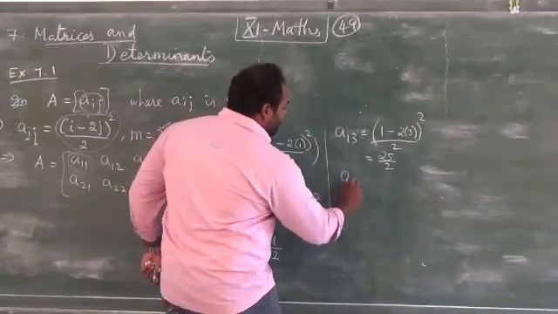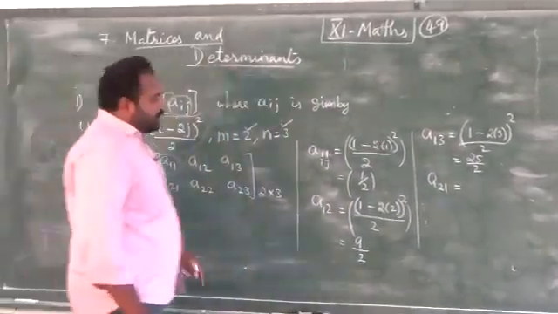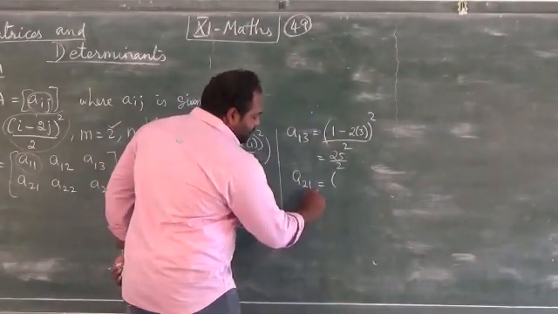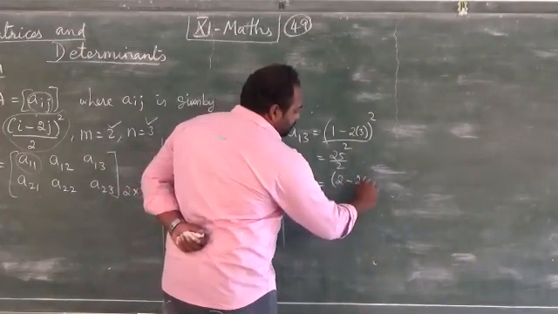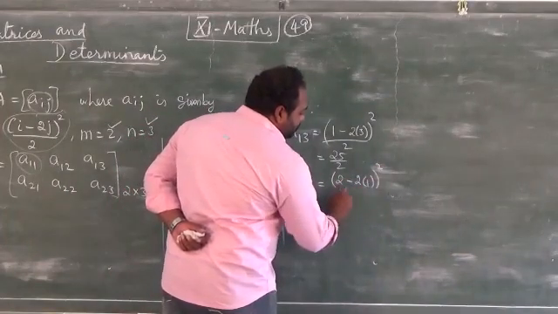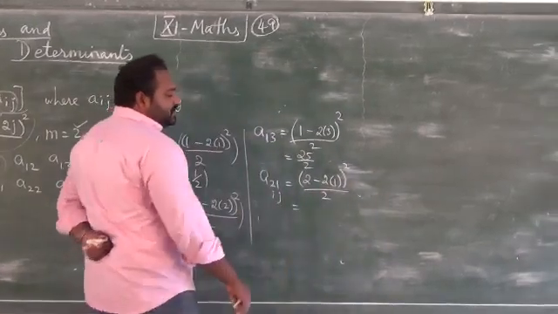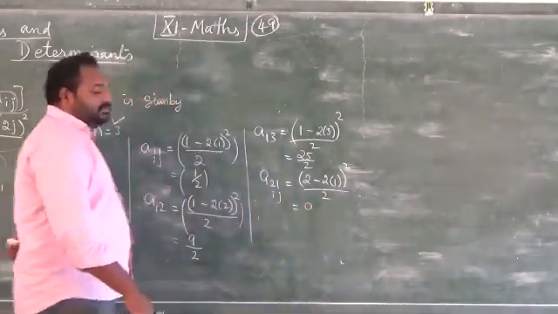Next A21: i is 2, j is 1. So (2 minus 2 into 1) whole square by 2. 2 into 1 is 2, 2 minus 2 is 0. So the numerator is 0 and the whole element becomes 0.